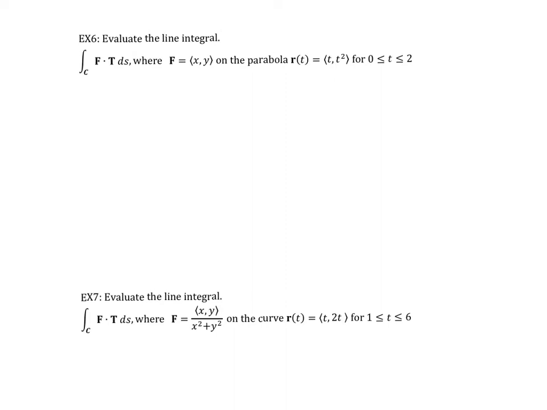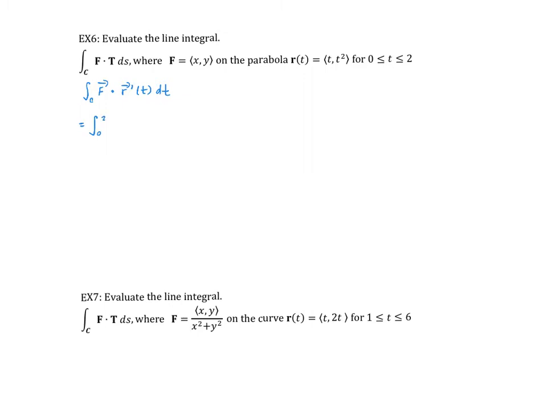I don't know if t is actually with respect to arc length. So instead, I'm going to go ahead and write it in the other form, which would be the vector field dotted with the derivative of r dt. That's the form I'm going to use.